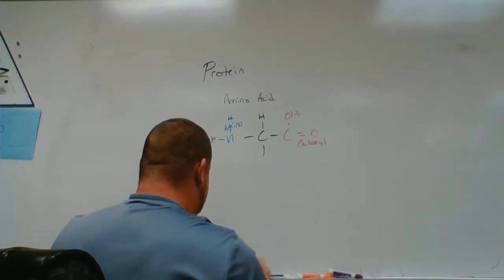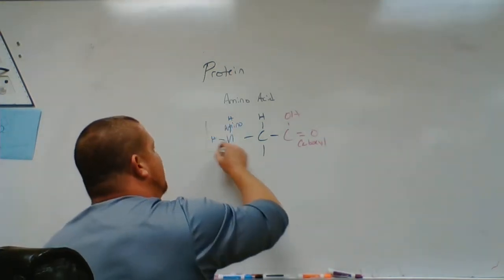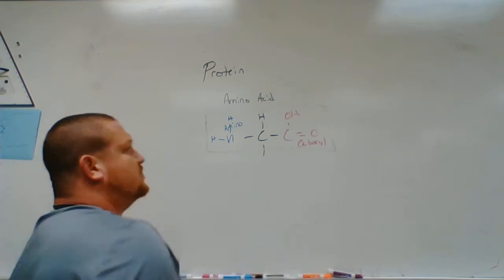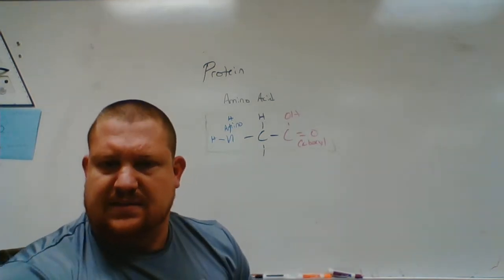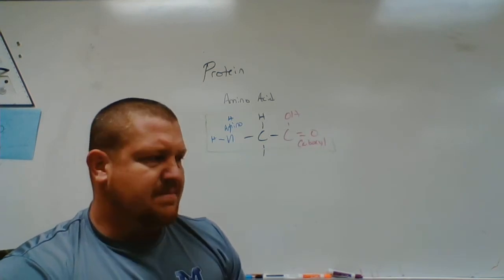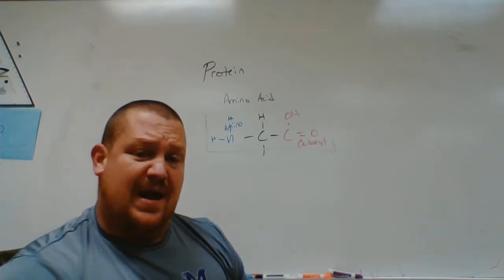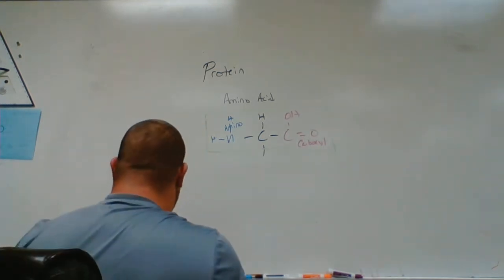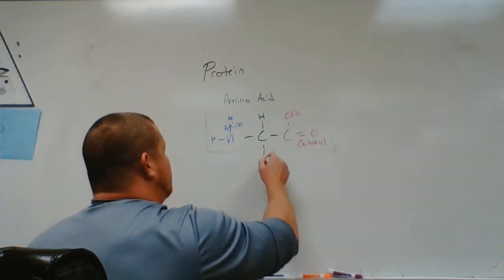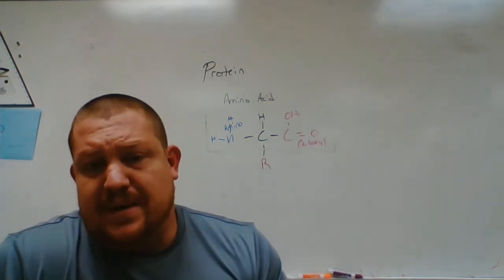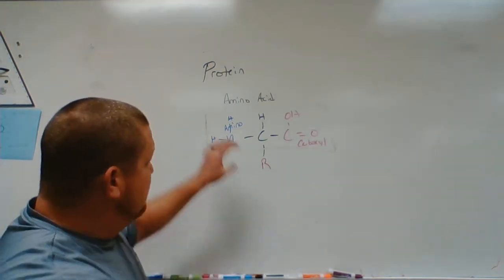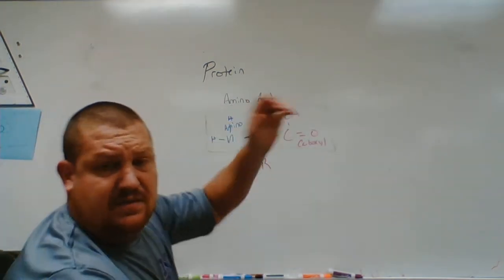Now, this part of the amino acid is the same for all amino acids, essentially. Pretty much the same. The difference between these amino acids comes here in the R group. If you look at different examples of amino acids, you'll see that all this is the same.